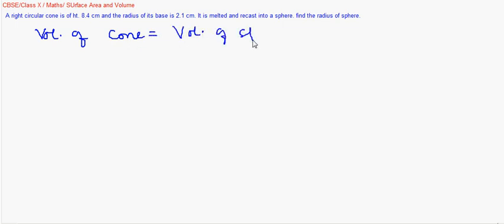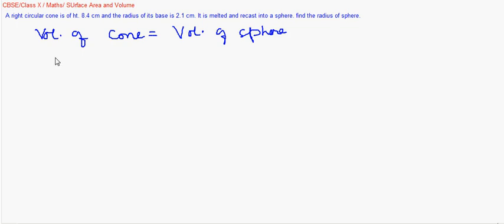The method will remain same as we did the previous one, but here it is a cone melted into a sphere. That means the volume of the cone will remain same as the volume of the sphere. So I write, volume of the cone will be equal to the volume of the sphere.